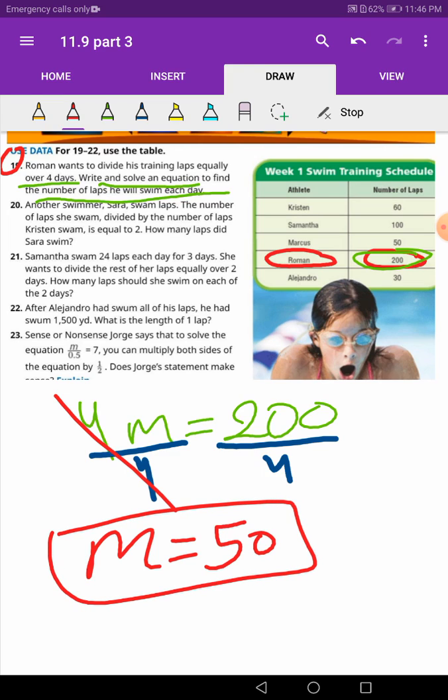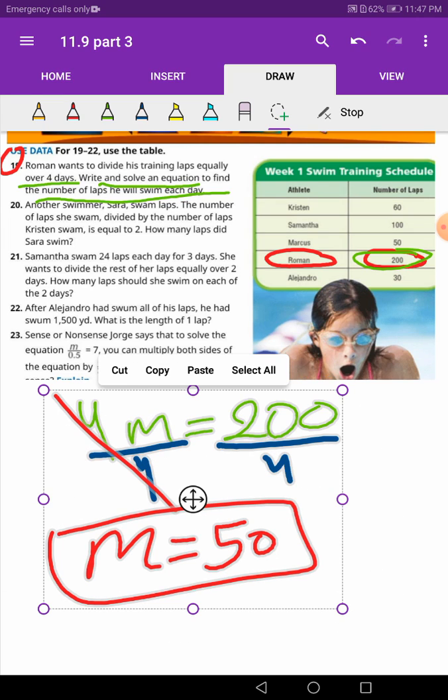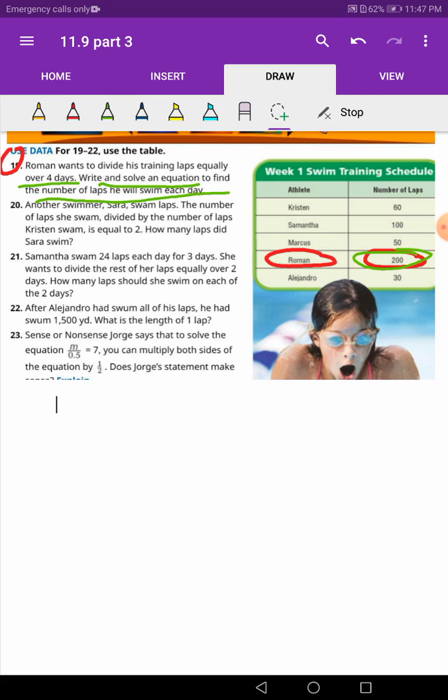Because 50 times 4 equals 200. Which means that Roman swam 50 laps each day. So here we saw that it's 50 per day.